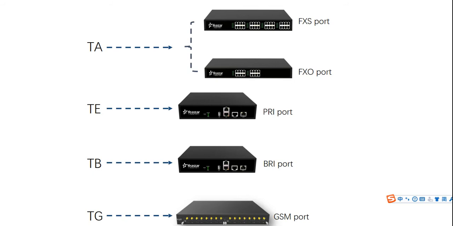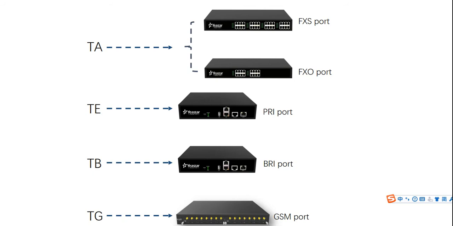I'd like to first take just a few minutes to explain how the gateway works, but I believe most of you already know that. As you can see, all of our gateways can realize transcoding between SIP and other signals, for example, analog, E1, BRI, or GSM.